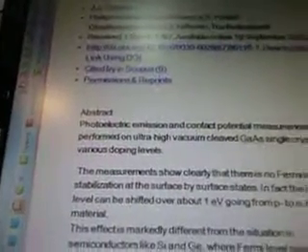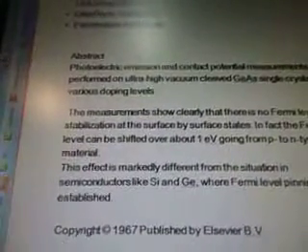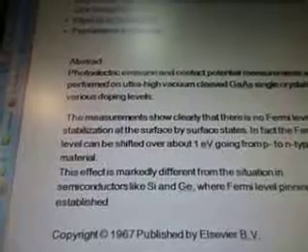So the abstract: photoelectric emission and contact potential measurements were performed on ultra-high vacuum cleaved GaAs single crystals of various doping levels. The measurements show clearly that there is no Fermi level stabilization at the surface by surface states. In fact, the Fermi level can be shifted over about 1 eV going from P to N type material.